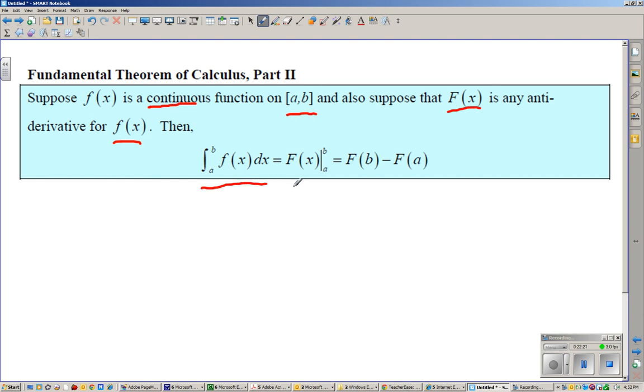Well, it means, by the second part of the fundamental theorem, that we take the antiderivative and we evaluate it from b to a. In other words, put that upper limit in first and put the lower limit in, and then take the difference. This is what's often called the evaluation of a definite integral, or taking the difference of the antiderivatives.